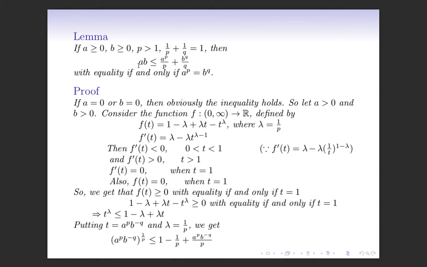Since we want to prove this result where we have to use p and q, we are writing λ = 1/p. If we differentiate this function with respect to t, then we get f'(t) = λ - λt^(λ-1). Since 1 and λ are constants, we get 0 and we are left with these two terms.